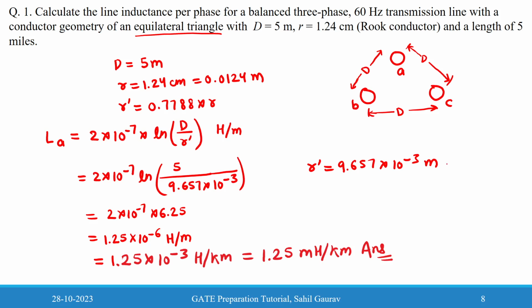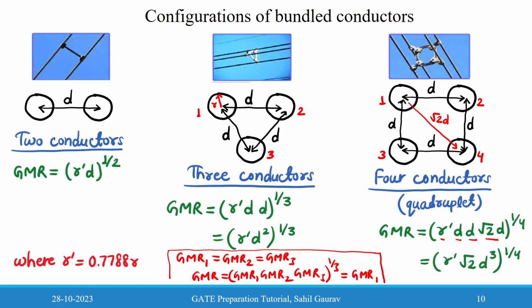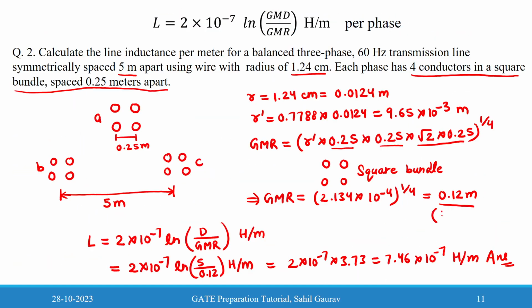How much can you write? 0.009, that is approximately equal to 0.0113. Yes. So here you can see that due to bundle conductors, GMR increases 10 times, 10 times bigger due to the bundling of conductors.